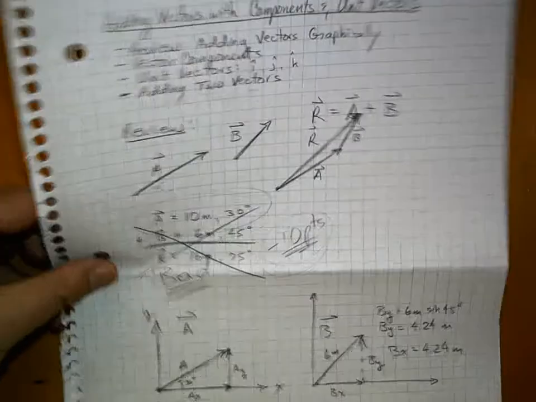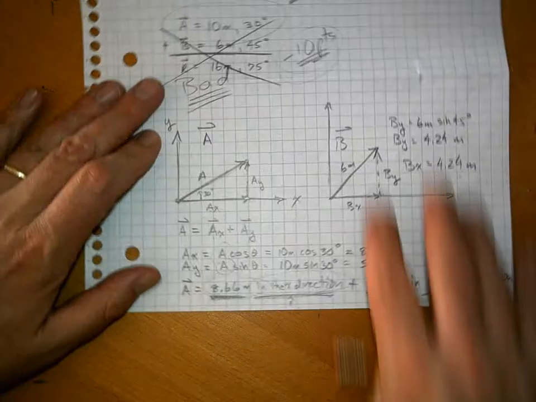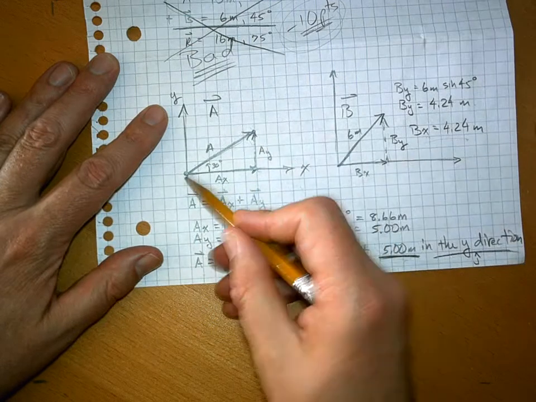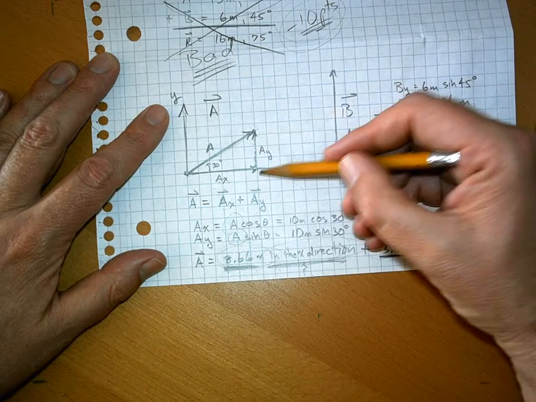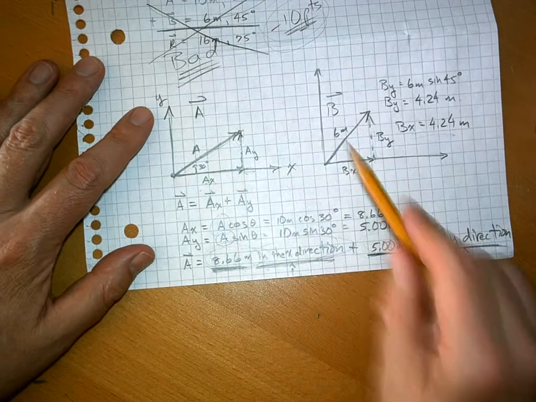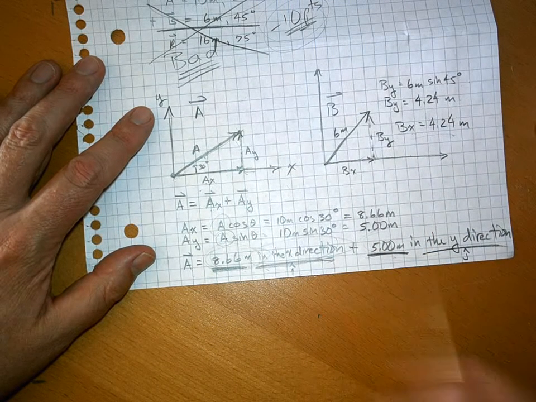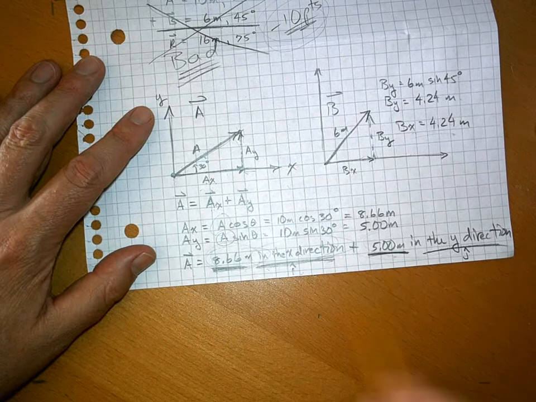Okay, so in order to add them together, you have to break them up into their x and y components. So here's vector A. Break it up into its x and y component using trigonometry for both vector A and vector B, and express them using unit vectors.